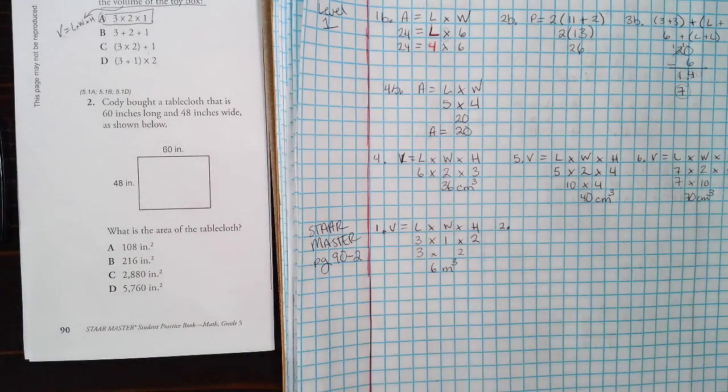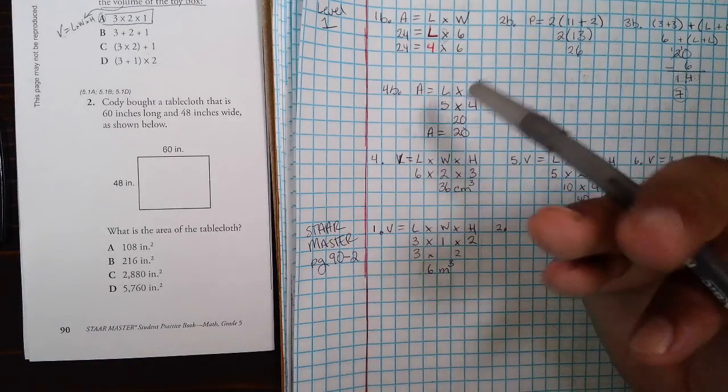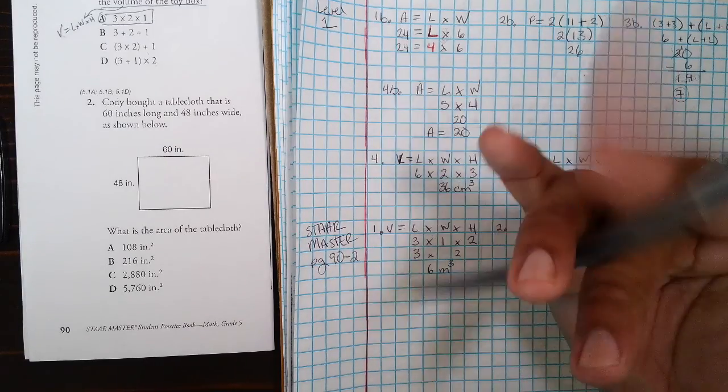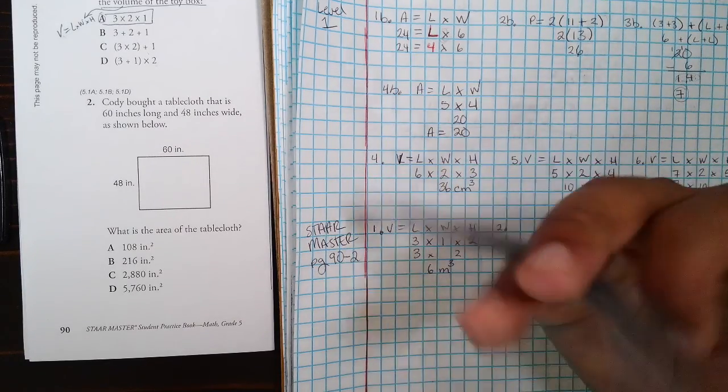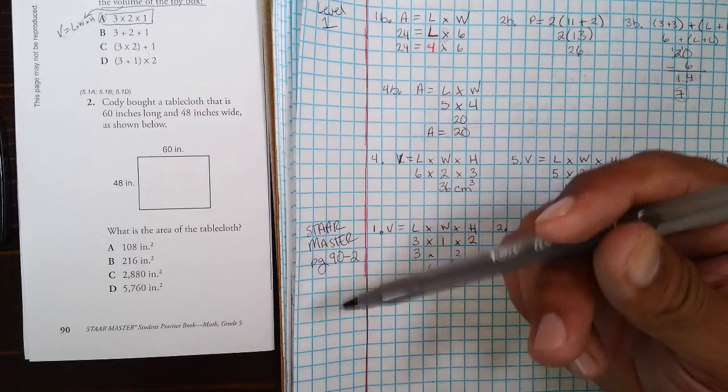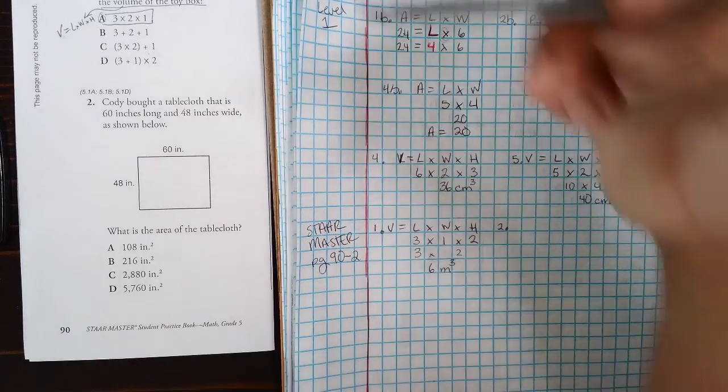All right, here we go. Number 2. Go in, make your annotations, I'll give you about 15 seconds. Go. Alrighty, let's go here.